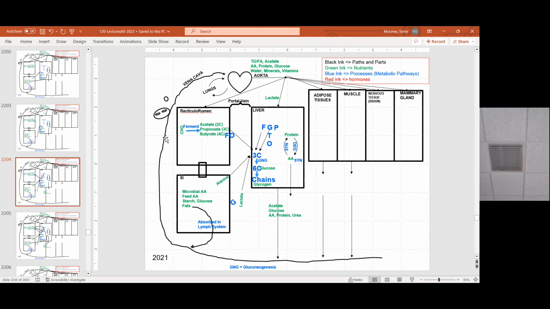So how many propionates do we need? 2 and 2 make 2 glucoses. 2 glucoses make 1 lactose. So we'll go over that in more detail when we get into what happens in here. This is what we care about.